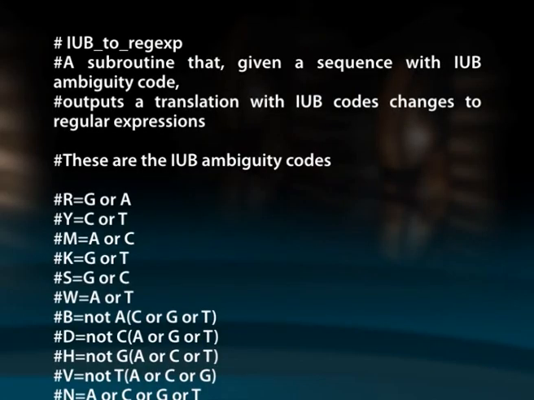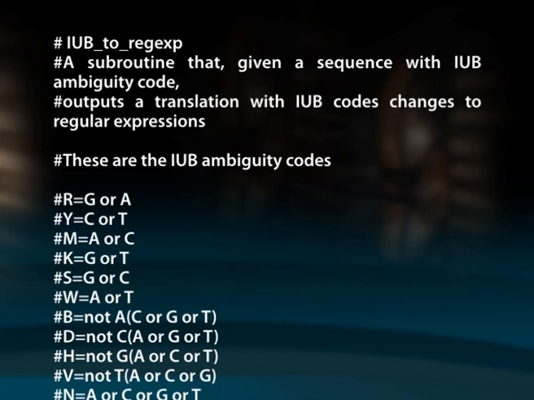The following program is a subroutine that, given a string, translates these codes into character classes. IUB to regular expression is a subroutine that, given a sequence with IUB ambiguity codes, outputs a translation with IUB codes changed to regular expressions. These are the IUB ambiguity codes.